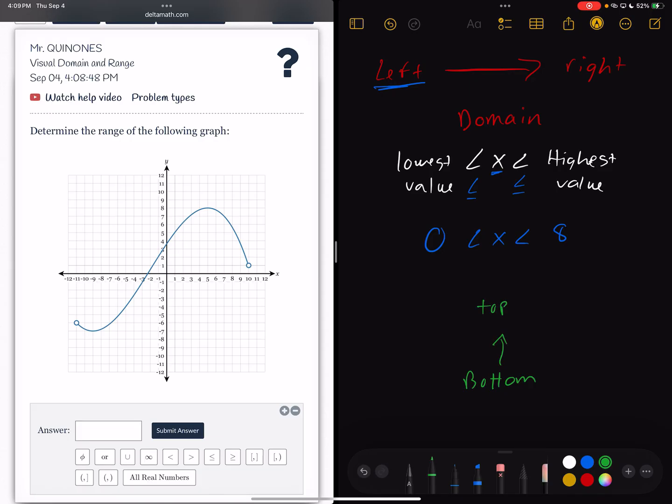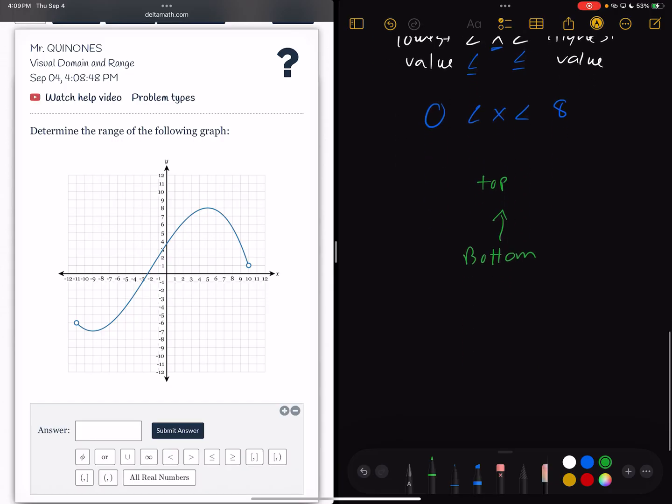So we start at the furthest point, or the furthest value that we can see in this graph, all the way to the highest. So let's look at it. And it's the same setup.